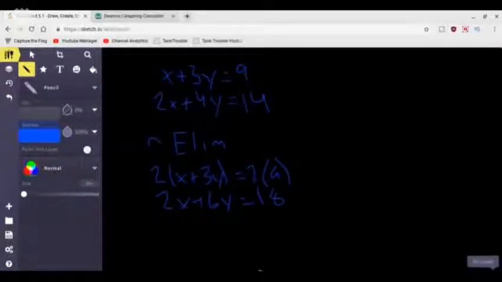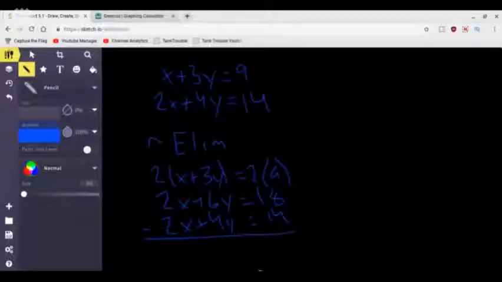Now, you look at the other equation. 2x plus 4y equals 14. Now, what you want to do here is you want to subtract the equation. Now, what I mean by this is you subtract the x's, the y's, and the numbers themselves. So, 2x minus 2x is 0.